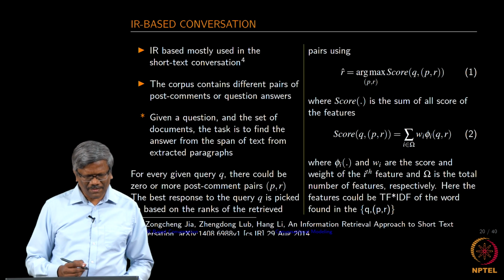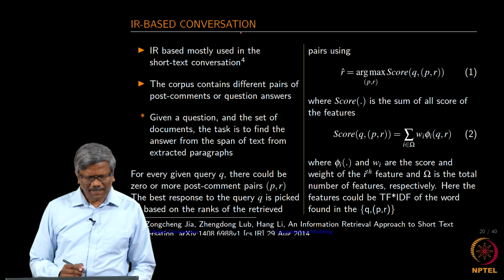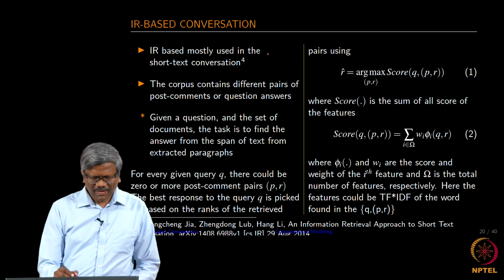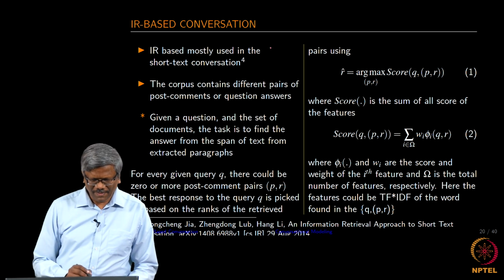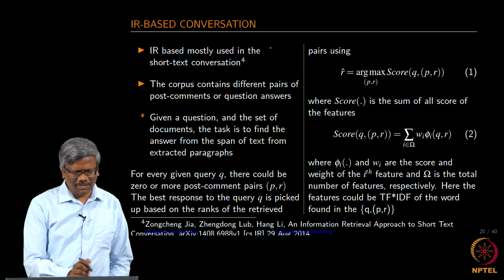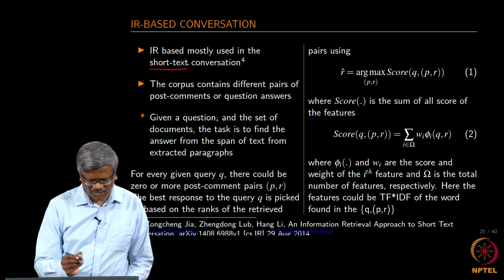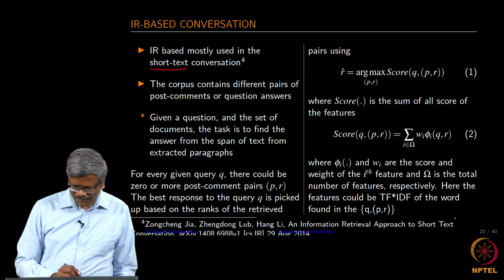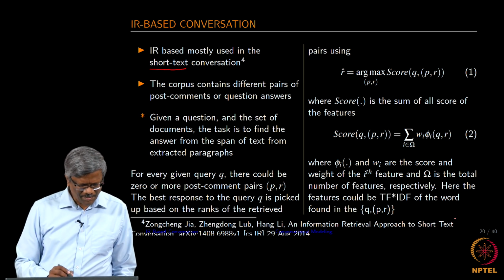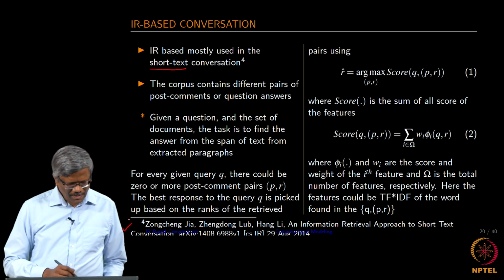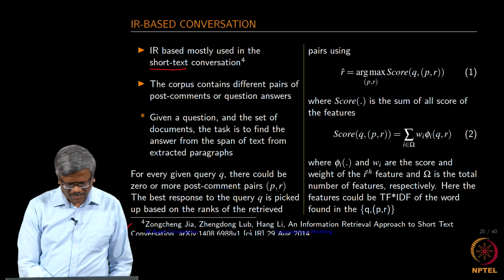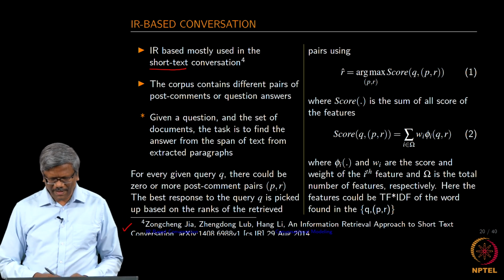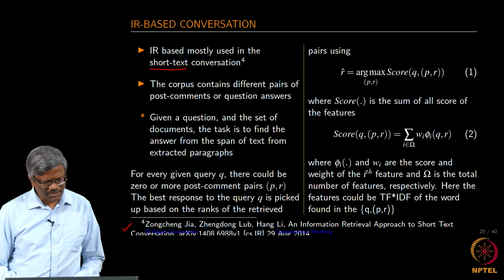So, in the IR based conversation modeling, we require definitely a retrieval engine, and then we are going to be restricting ourselves to short text conversation, and this particular example is taken from a paper published by Jia, Lubb and Lee, titled An Information Retrieval Approach to Short Text Conversation.